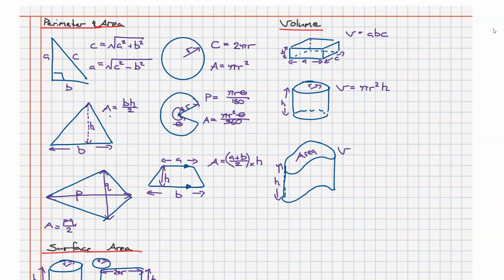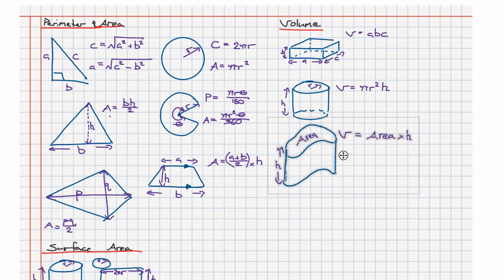In this case, the volume of these strange looking shapes is simply the area of the top face multiplied by the height, and it's as simple as that. So that's all I'm going to put on my volume section. Again, you might choose to even put an example there of how to do some volume calculations, but I like to keep mine pretty simple. Move this for a little bit more space.